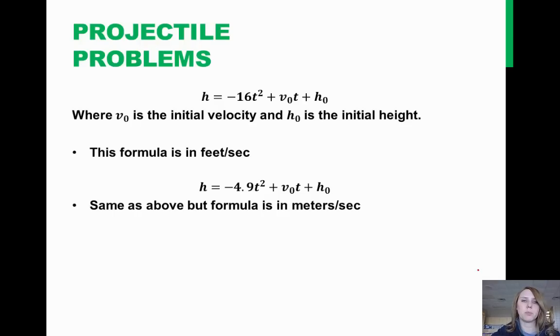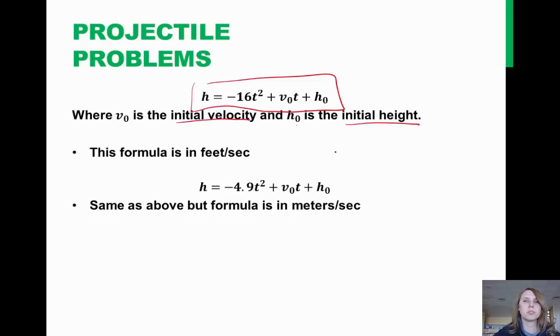Now I want to talk about projectile problems. Projectile problems are in two forms. The first one is negative 16t squared plus v sub naught t plus h sub naught, where v sub naught is the initial velocity and h sub naught is the initial height.